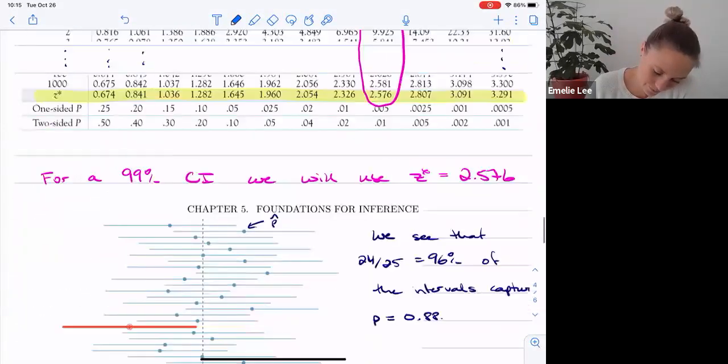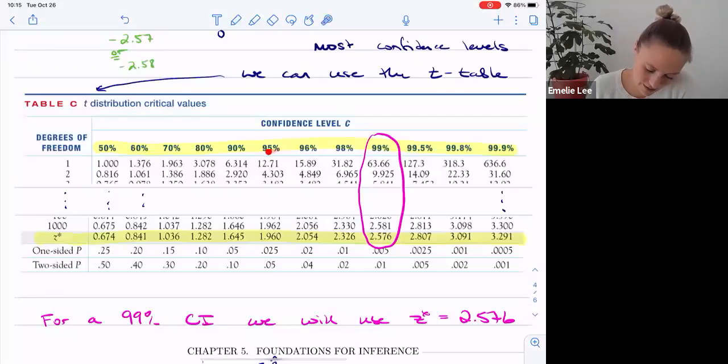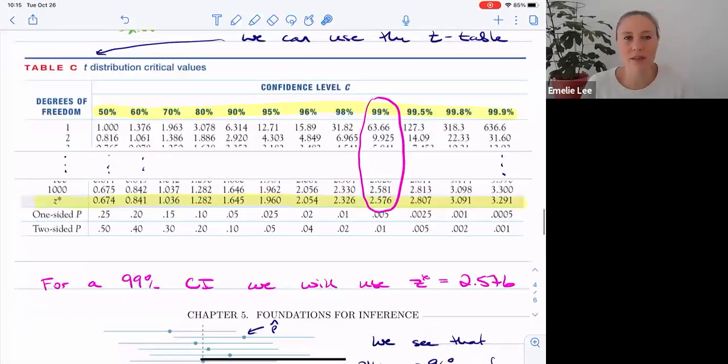For a 95% confidence interval, I have a Z of 1.960, so I'll just use 1.96. We could have used any of these confidence levels, but typically we just stick to 90, 95, 99. The idea of the exercise is the interpretation.